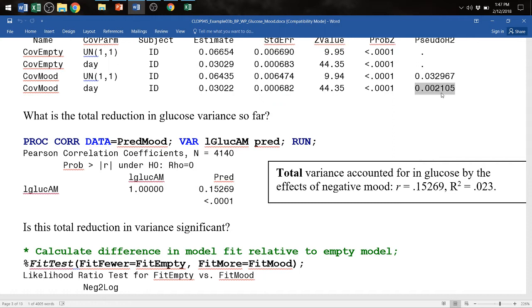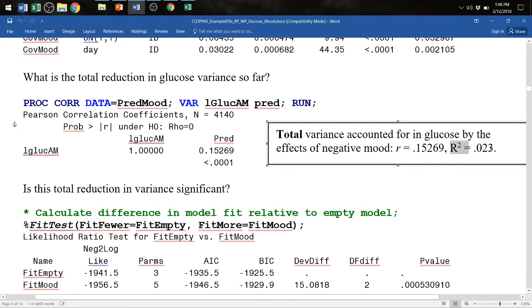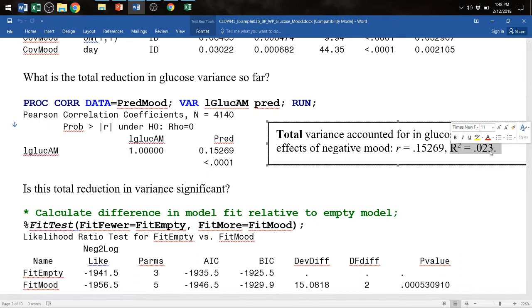It's a proportion of a proportion. So I have 3.3% of 69%, and I have 0.2% of 31%. And if you put that together as a weighted average, you get a total R square of 0.023, which is 2.3%.